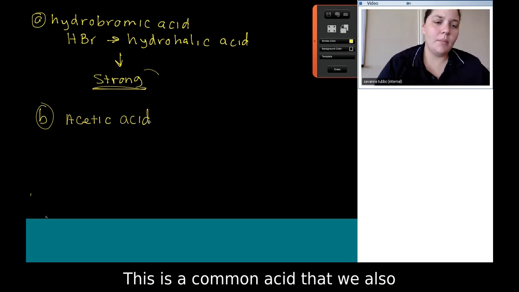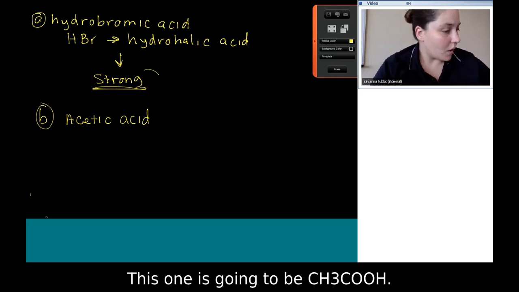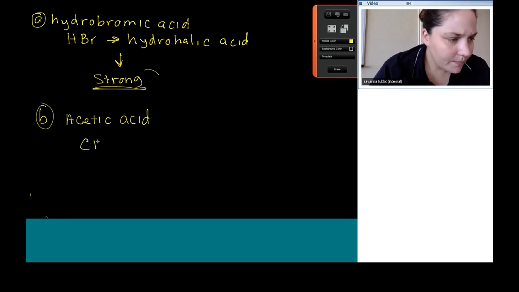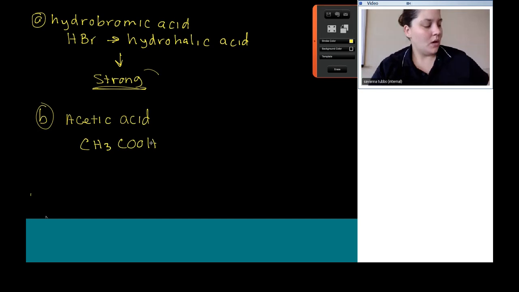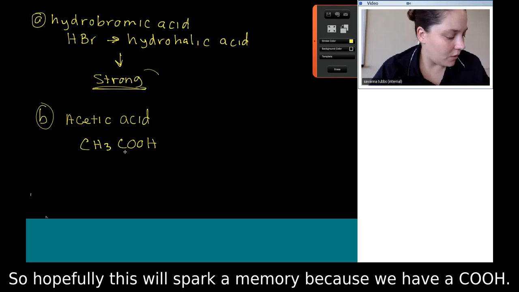This is a common acid that we also saw in General Chemistry 1. This one is going to be CH3COOH. Hopefully this will spark a memory, because we have a COO.